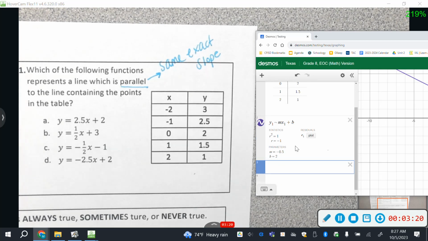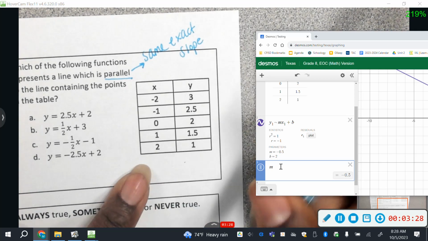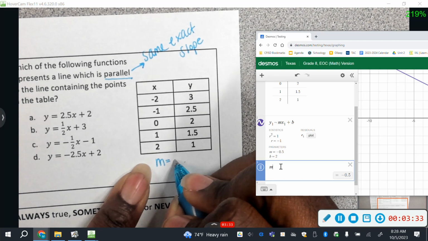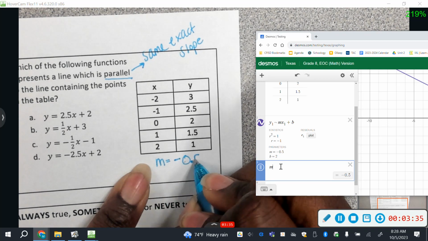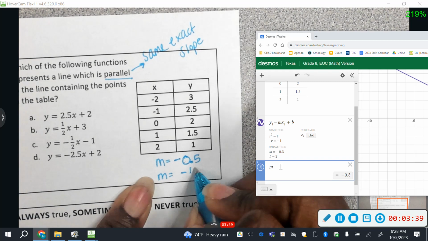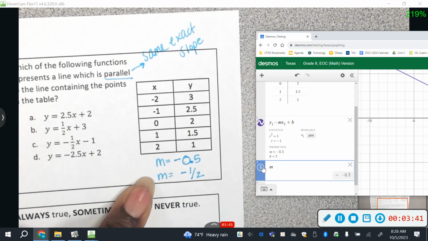Is it the r squared, huh? Right next to the m. The m is your slope. So that means this table has a slope of negative 0.5. If you miss the negative, you might miss the problem, which is the same thing as negative a half when you change it.